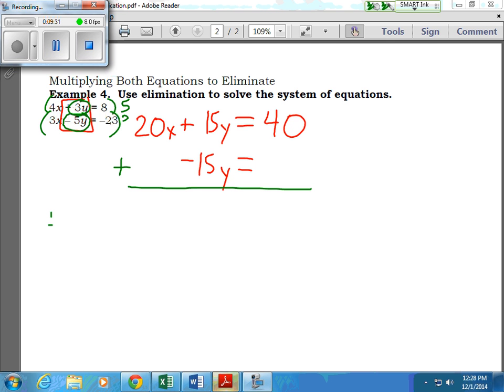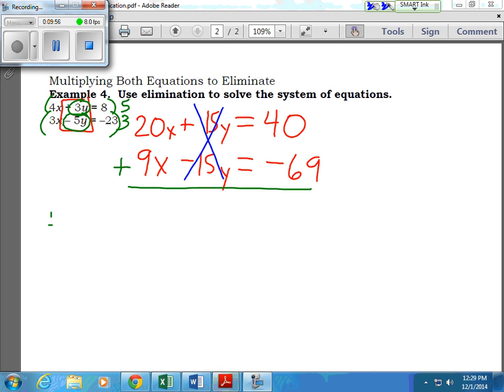So I'm going to multiply everything by +3. That'll become 9x minus 15y equals -69. Now when I add them together, I get my y values to drop out.